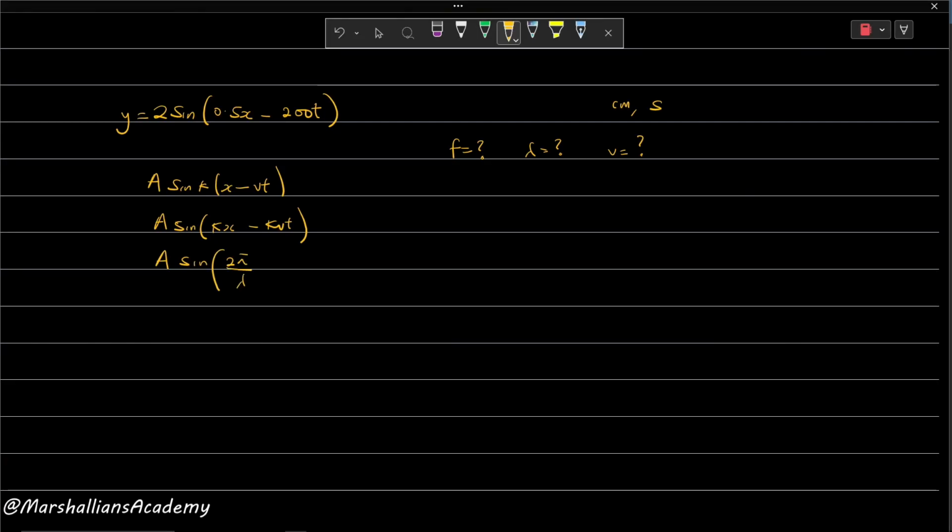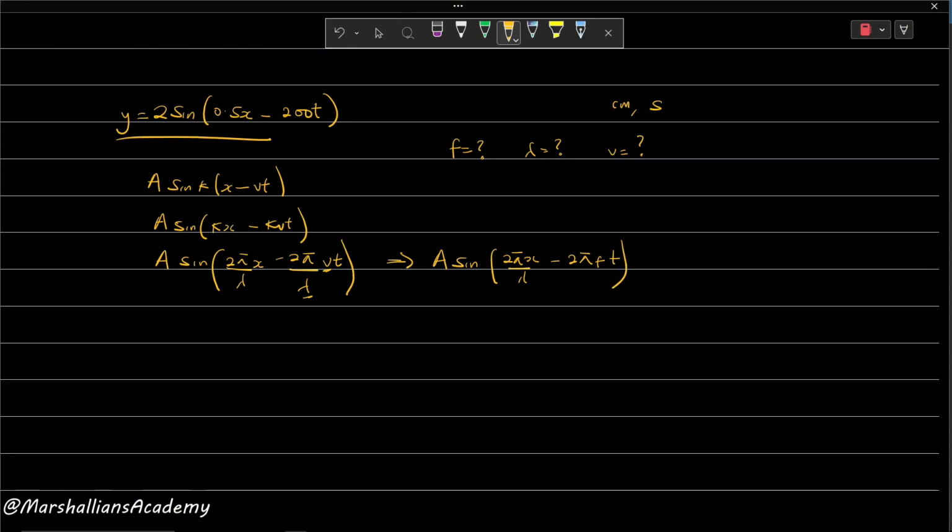So I'm going to be having 2 pi over lambda x minus 2 pi over lambda vt. We are going somewhere, isn't it? Remember that v over lambda is frequency. Therefore, this becomes a sine 2 pi x over lambda minus 2 pi ft. Are we good?